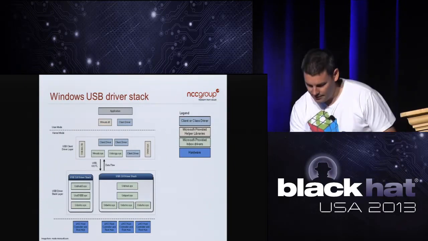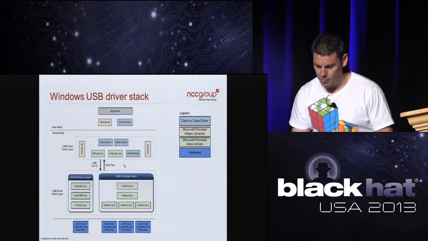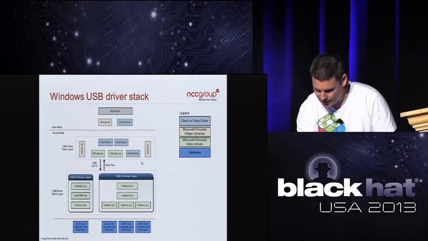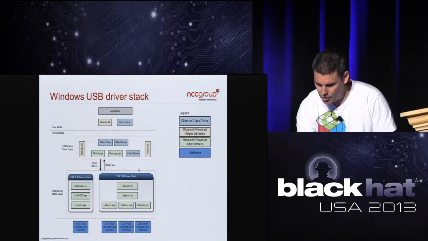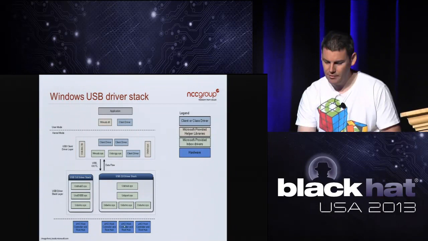So, a few high-level diagrams of USB driver stacks, just so that I can talk about a few different components. You can see there are a number of different host controllers here, things like OHCI, HCI being host controller interface.